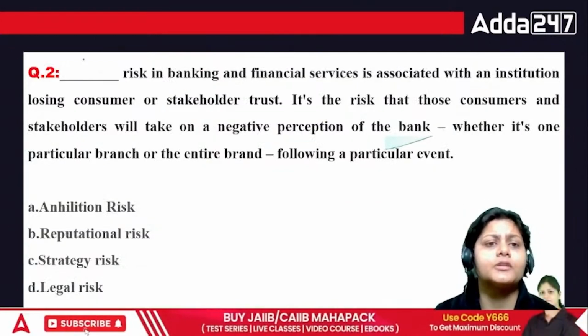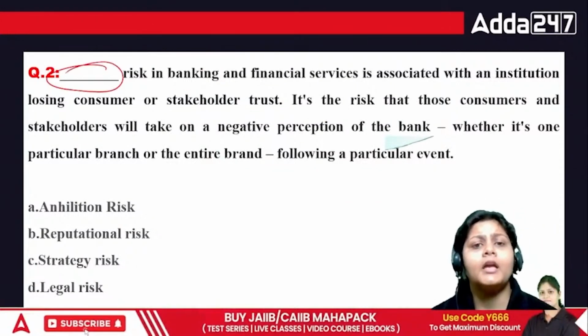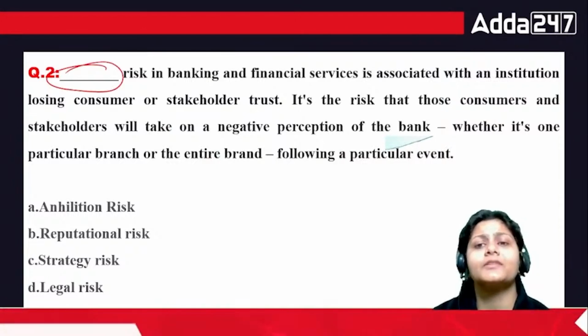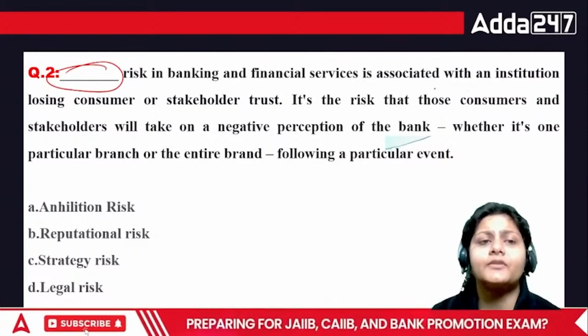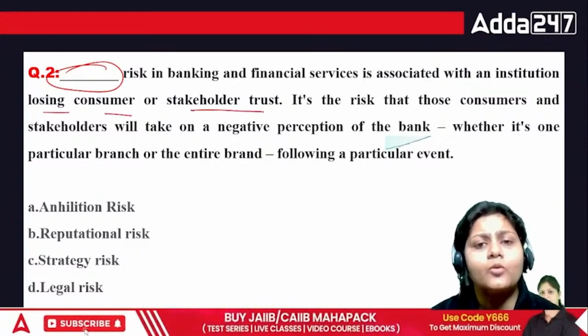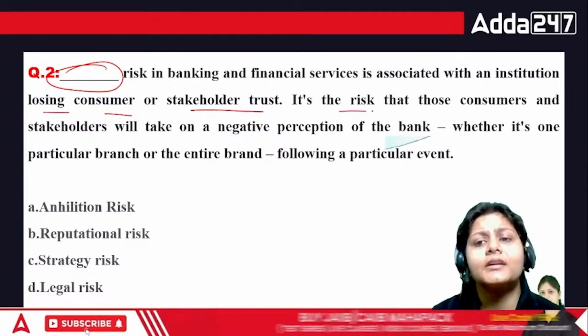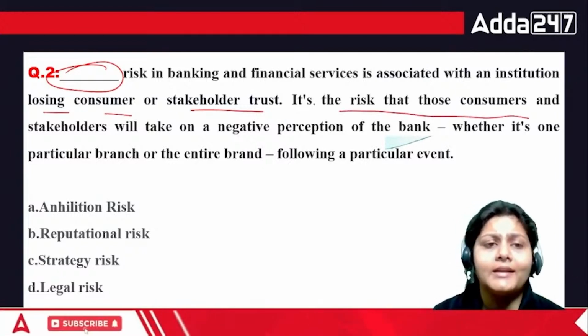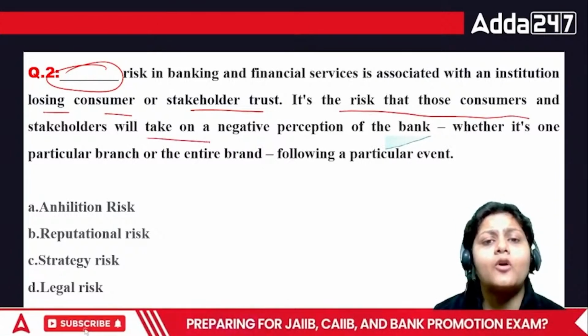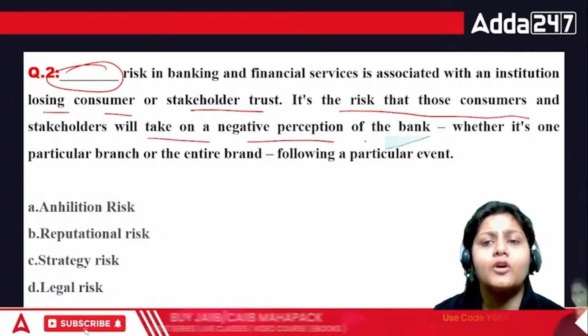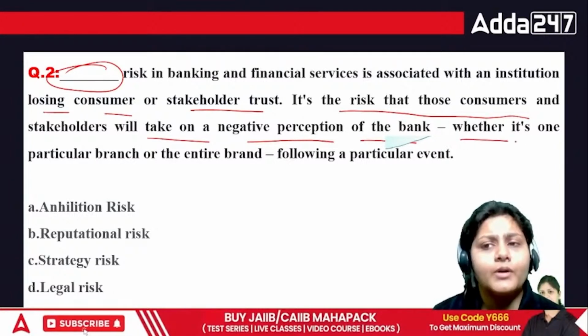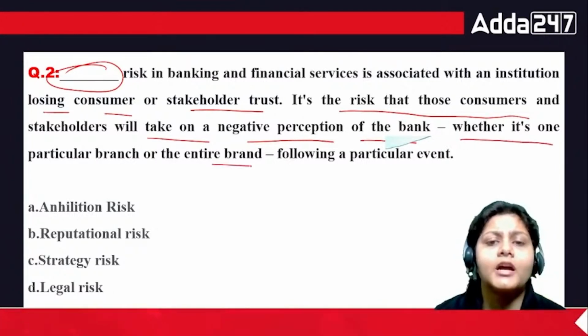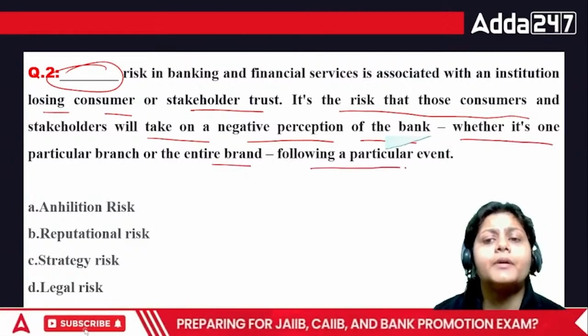Now the next question is, we are talking about one risk in banking and financial services which is associated with an institution losing consumer or stakeholder trust. It is the risk that consumers and stakeholders will take on a negative perception of the bank, whether it's one particular branch or the entire bank following a particular event.